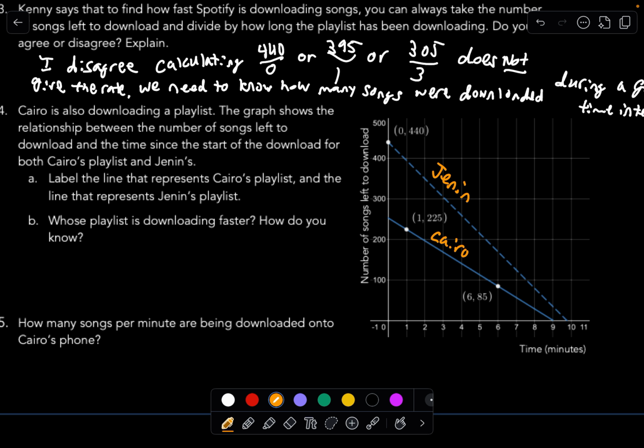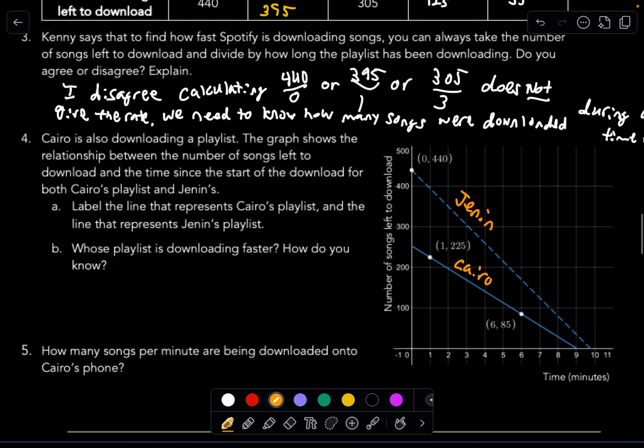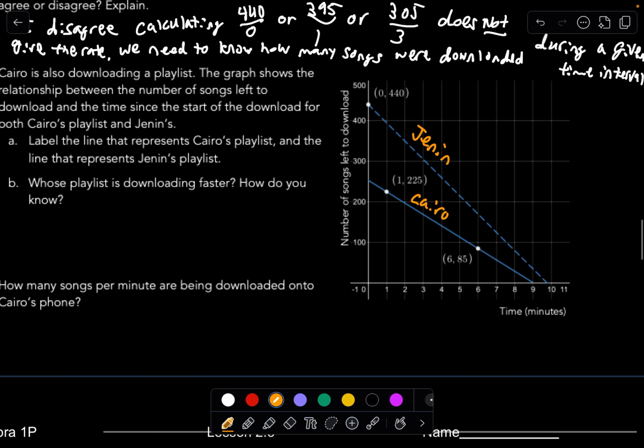Okay. And if you look at this, so we did A, we labeled them. So B, whose playlist is downloading faster? How do you know? Well, if you look at this, Janine started with more songs than Cairo. Cairo looks like started with about midway, about 250. It probably says that somewhere in here.